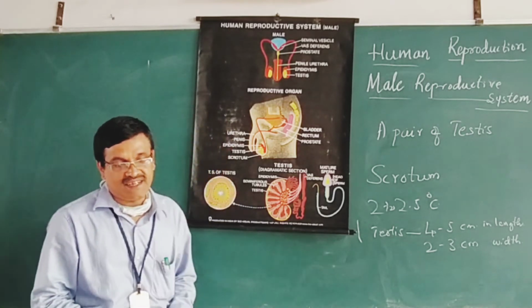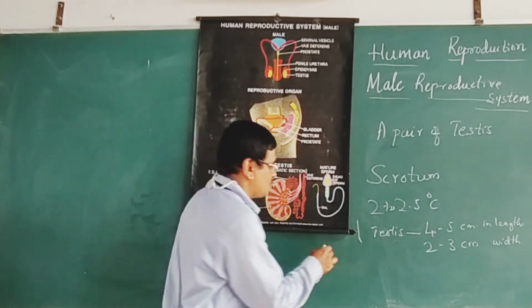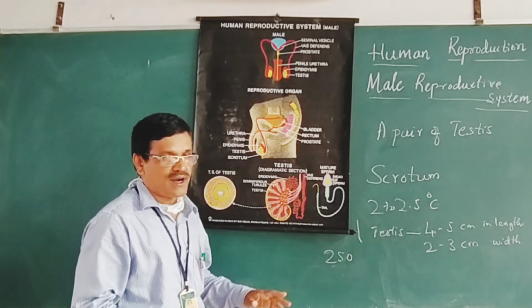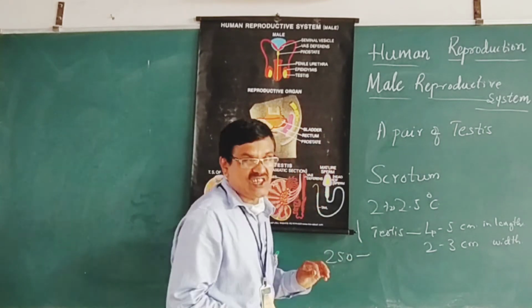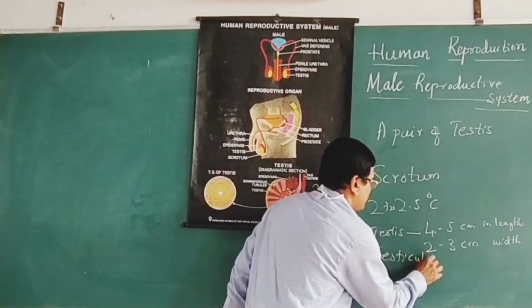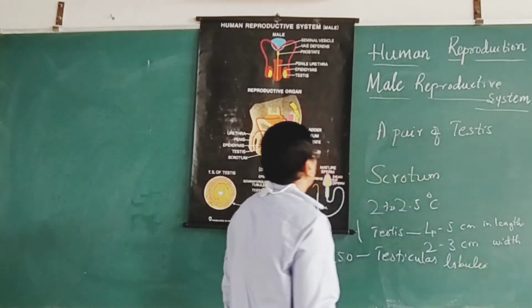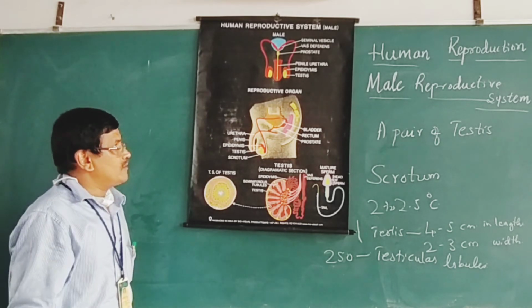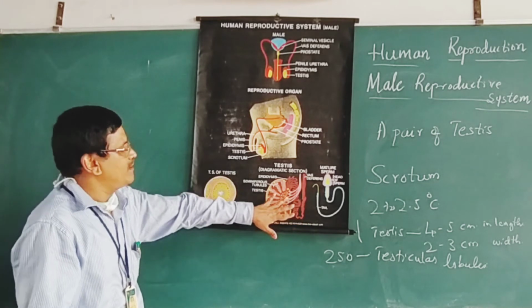And each testis internally consists of about 250 lobules, known as testicular lobules. Now you look at this diagram once again.